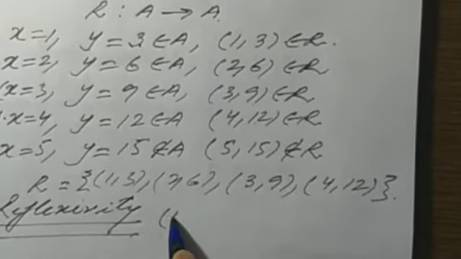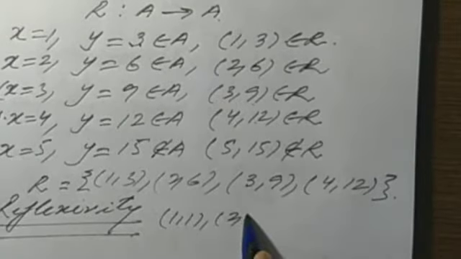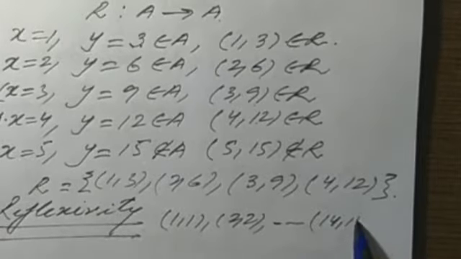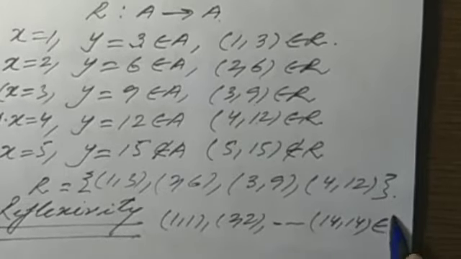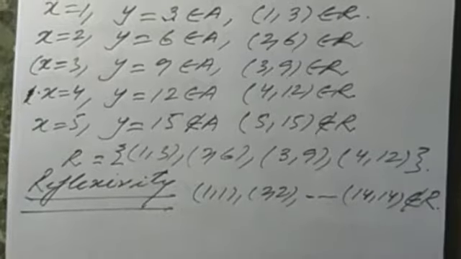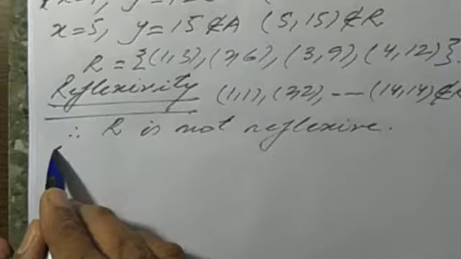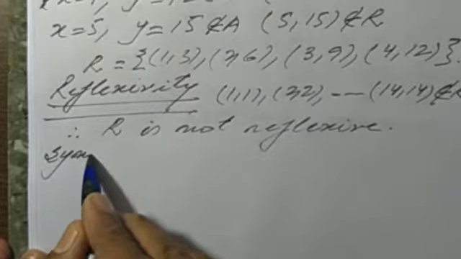So we write that (1, 1), (2, 2) and so on up to (14, 14) do not belong to R. So R is not reflexive. Now let us talk about symmetry.